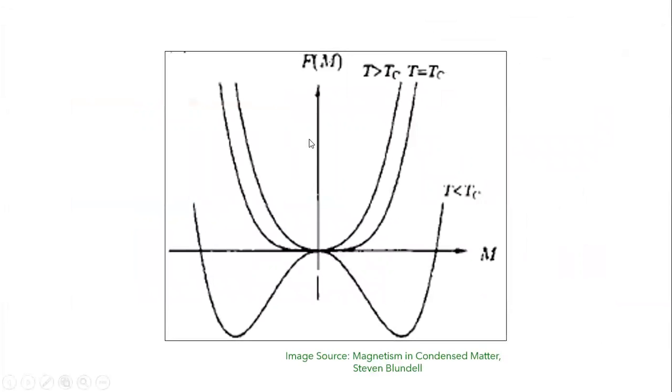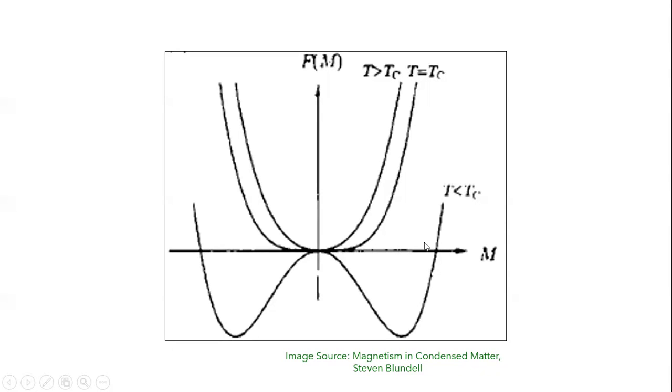So at T greater than critical temperature, what we see here is just one equilibrium point, as expected, m equal to 0, where it is stable. Good. When I decrease the temperature to T equal to critical temperature, the curve is flat bottomed around the origin.